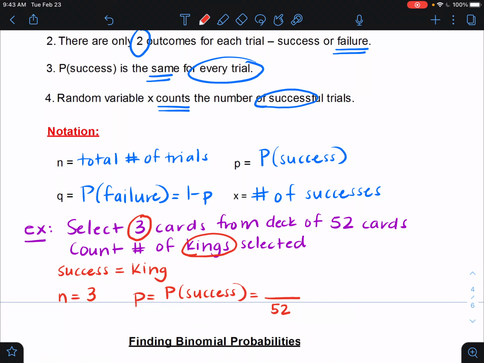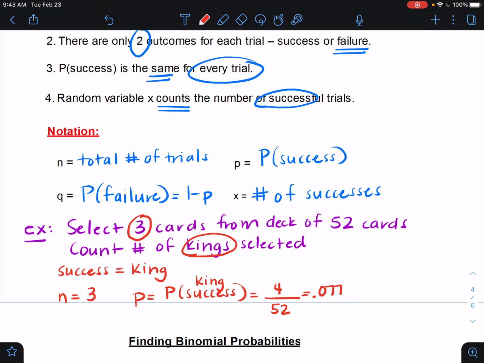The success here is that I select a king. In a standard deck of cards, there are 4 suits, and you have a king in each one of those 4 suits: king of hearts, king of diamonds, king of spades, and king of clubs. That means there are 4 ways that I can select a king. Probability is event divided by total, so my probability of success is 0.077 if I round that to 3 decimal places.